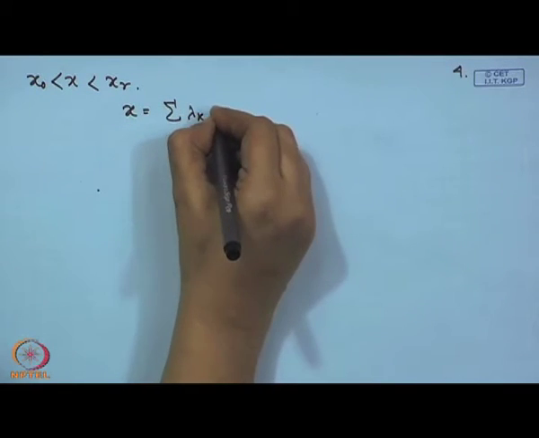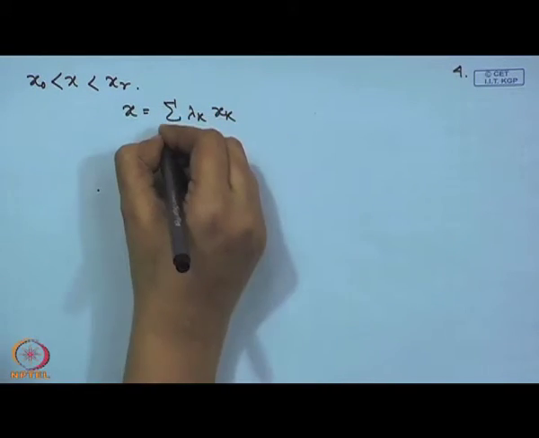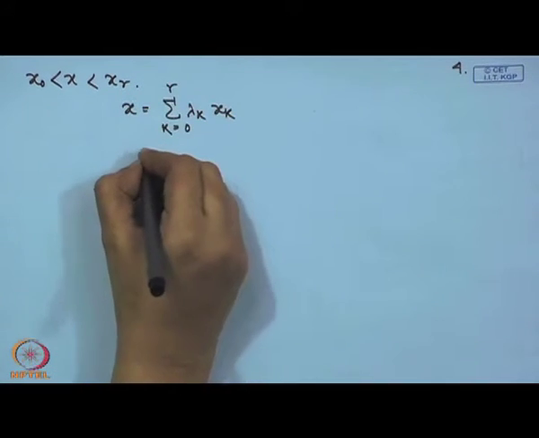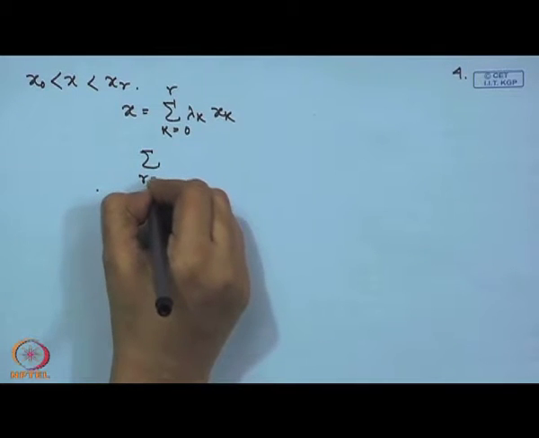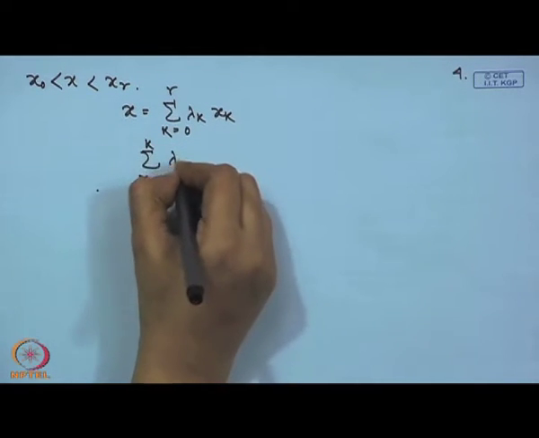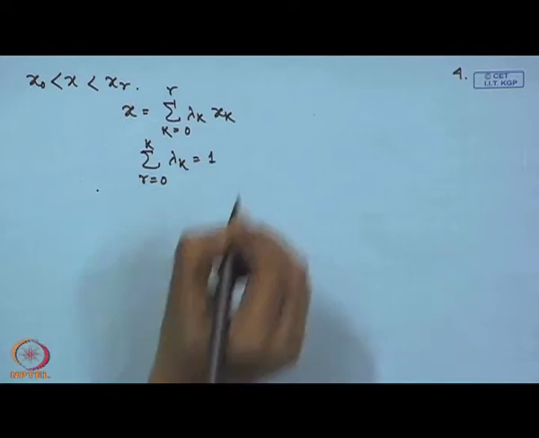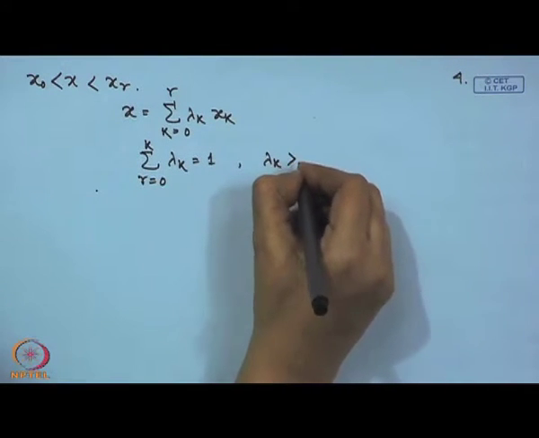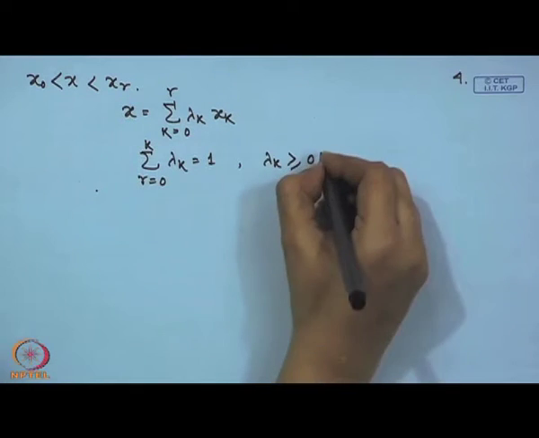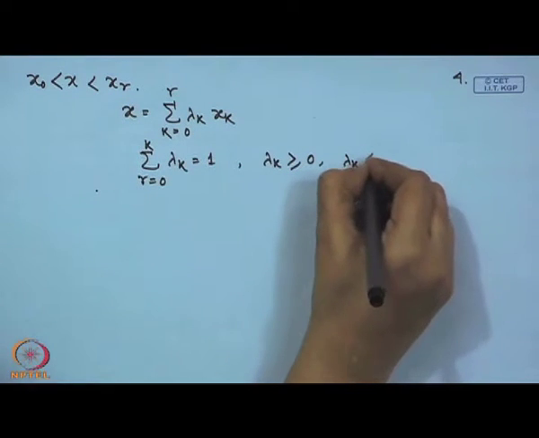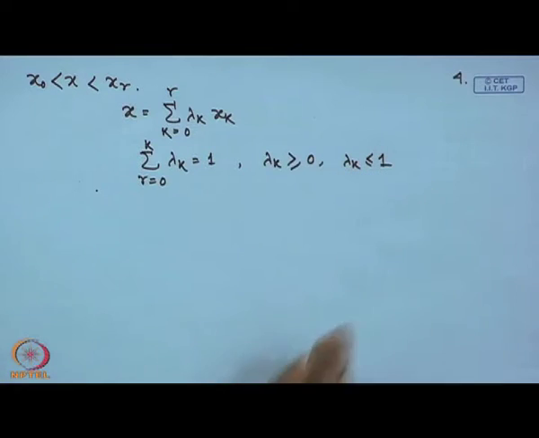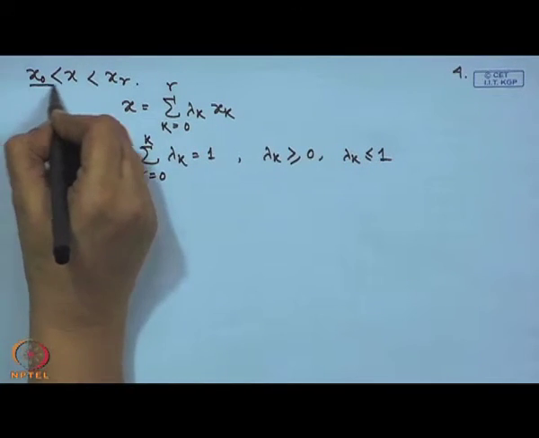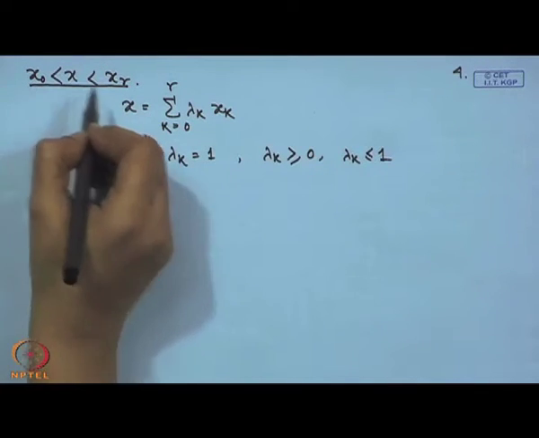In this way, I can write it as summation of lambda k xk, k is in between 0 to r, where summation of lambda k is equal to 1. Not only that, individual lambda k's are greater than or equal to 0 and less than or equal to 1.